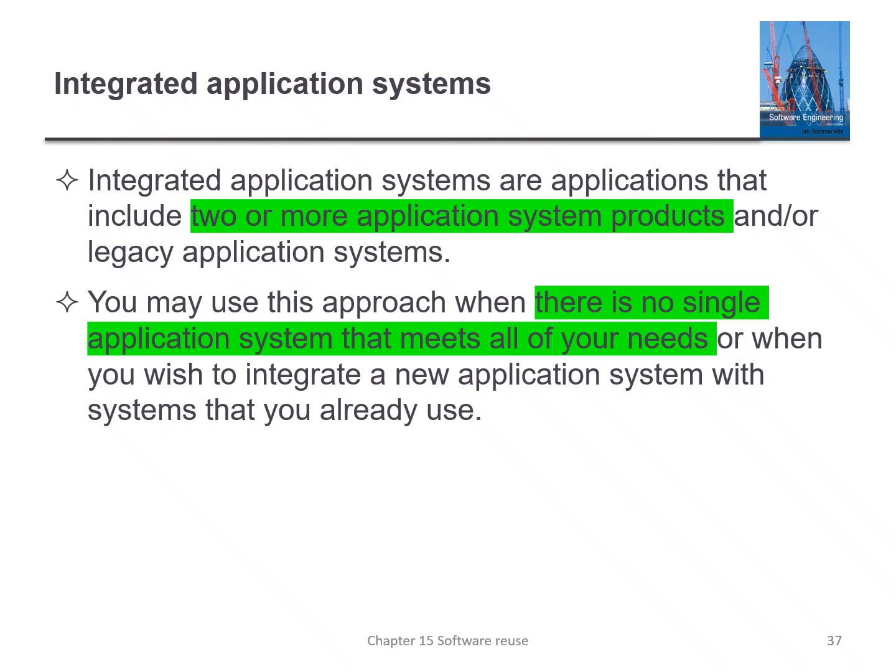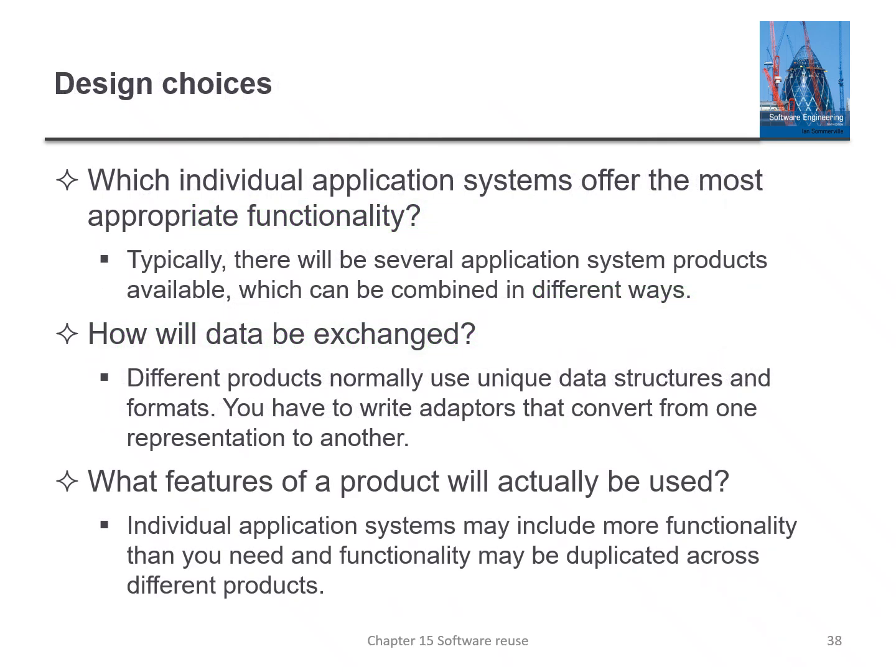You may use this approach where there is no single application that meets all your needs, meaning that you shop around looking for a ready application, you cannot find one, so maybe you need to integrate one or two applications so that it meets your system needs.